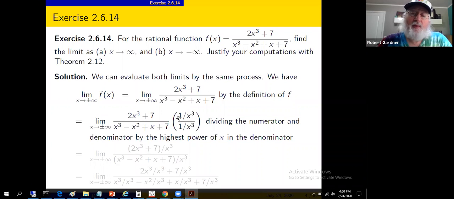That is, let's multiply by 1 over x cubed divided by 1 over x cubed. That's 1, isn't it? Unless x equals 0. Does x equal 0? Can you tell me what x is? You can tell me x is approaching positive infinity or negative infinity. What's that mean? Well, it means x isn't 0.